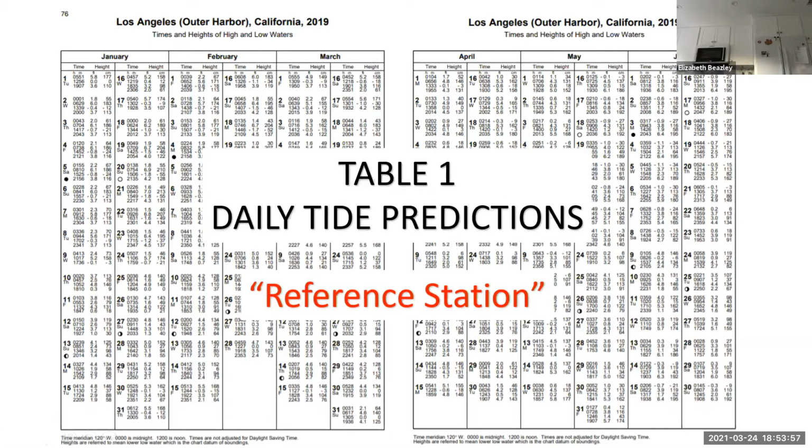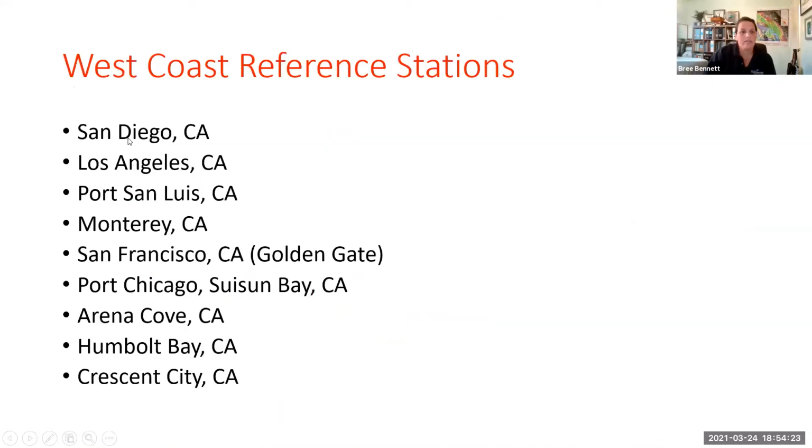The entire west coast of California, we only have 9 reference stations. So our reference stations, we have one in San Diego, one in LA. I think the other one closest to us is Monterey. Maybe, no, there's a closer one than Monterey. Port San Luis.